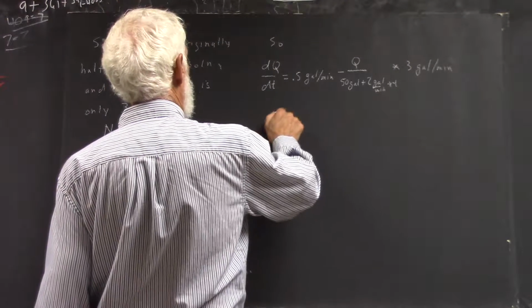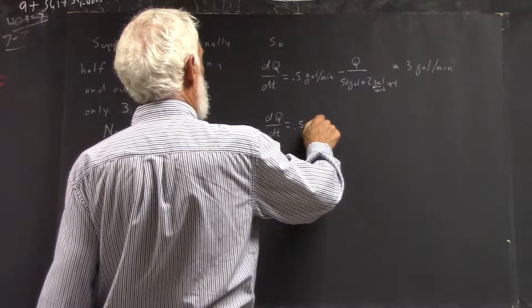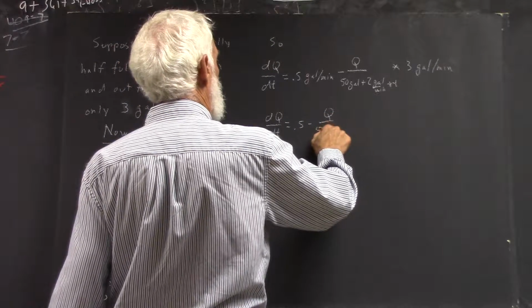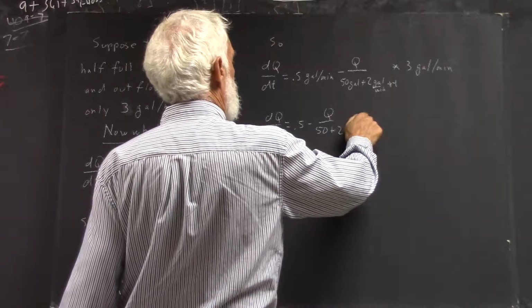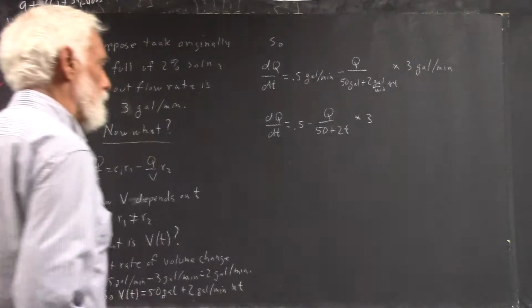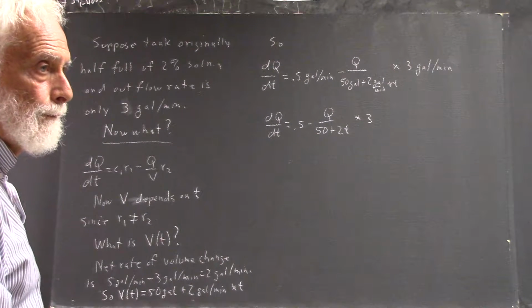So dQ/dt equals 0.5 minus Q over 50 plus 2T times 3. Okay.